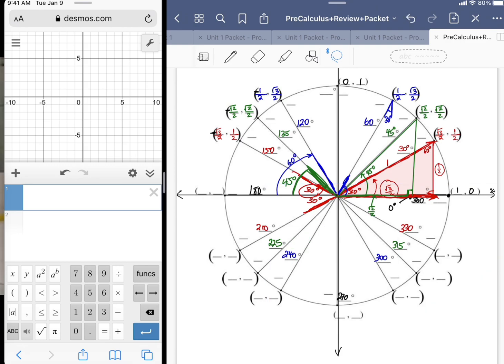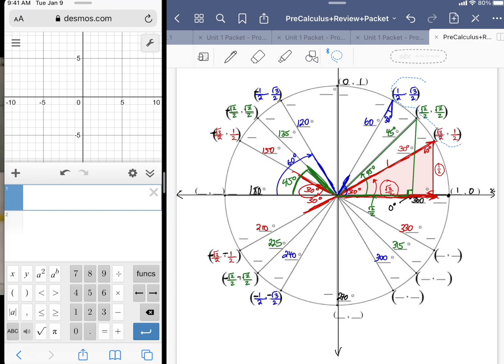Oh, I copied a lot. Okay, that's not going to work. I'll just do it this way. So you negate the corresponding values of y. All right. So same idea here.